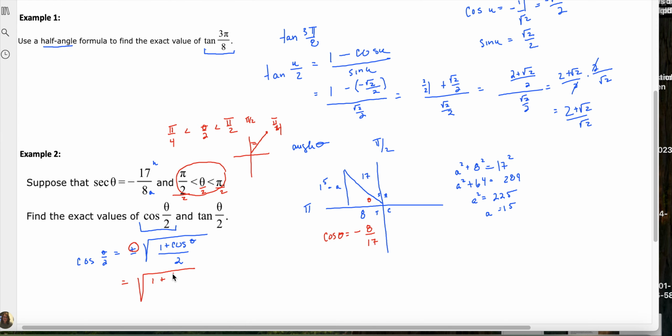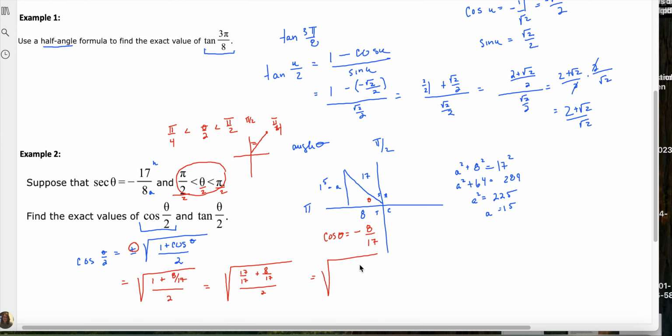And then that's all over 2. So that's the value. Now we just need to clean it up a little bit. Okay, so in the numerator, I can think of 1 as 17 over 17 plus 8 over 17, and then this is all over 2.